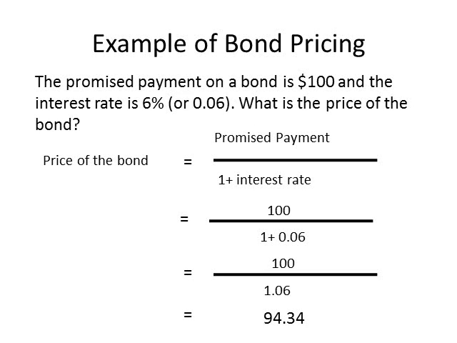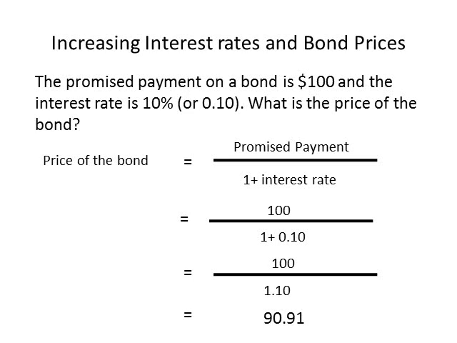Next, we'll add the 1 to the 0.06, which gives us 1.06. So we have 100 divided by 1.06. If we do the division, we come up with a price of $94.34. This means that an investor buys the bond at $94.34, and that gives him or her an interest rate of 6%.